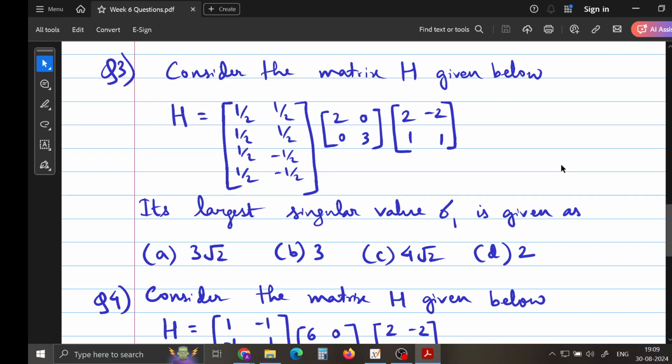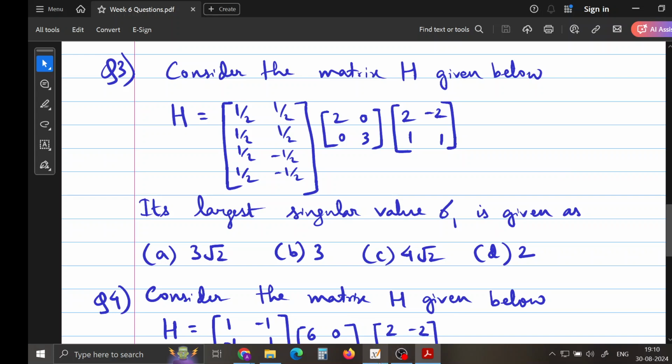That was the condition. So we have to somehow arrange the entire product of these three terms in that form. Then only, once we arrive at that form, can we choose the largest singular value and write, okay, what is sigma 1.